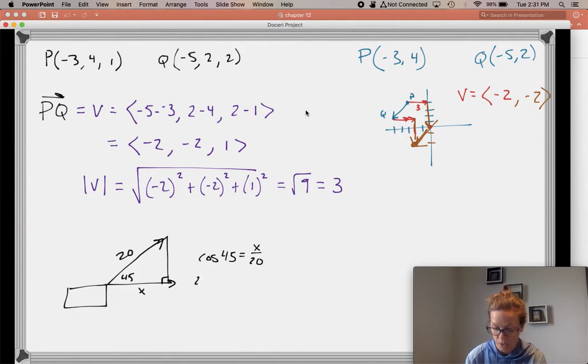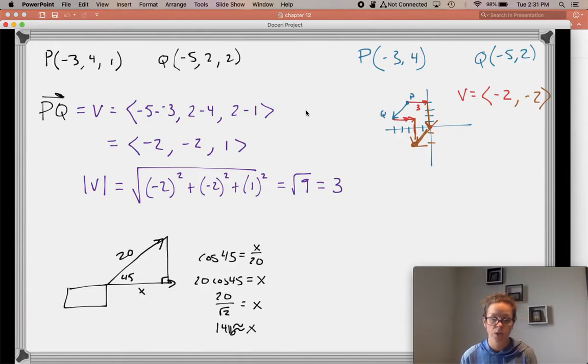We get 20 cosine 45 is x, our horizontal force. So we get 20 over the square root of 2 if we're going for exact values, or we could divide that out, and we find it's about 14 pounds. So we're pulling with a force of 20, but only 14 of those are actually acting in the direction we want to move our cart along the ground.